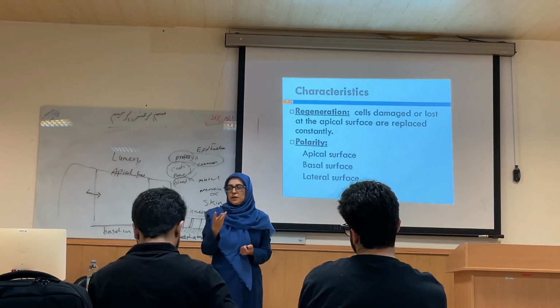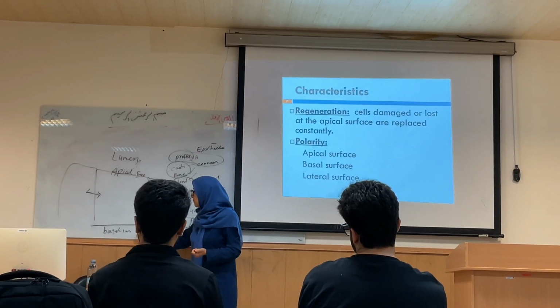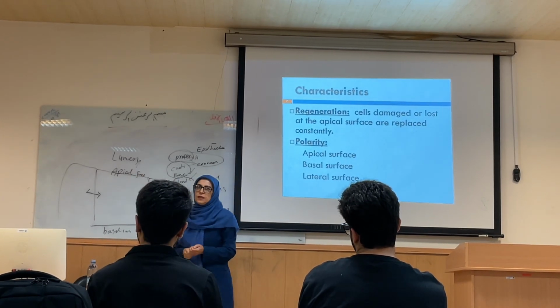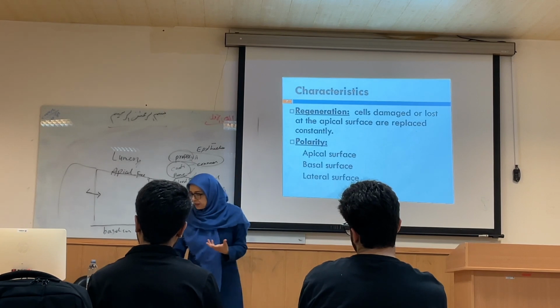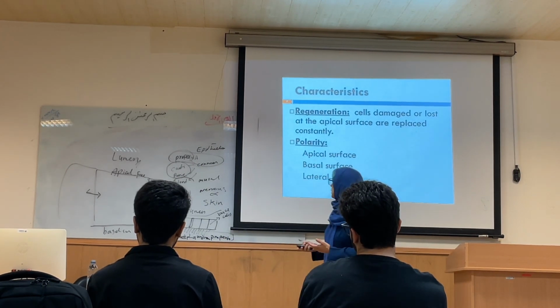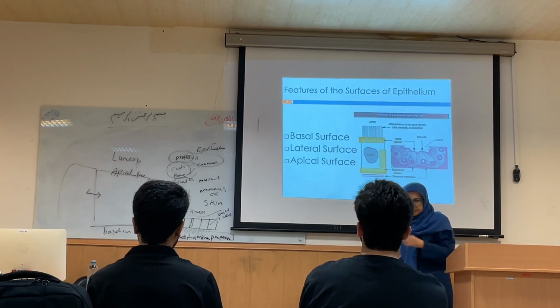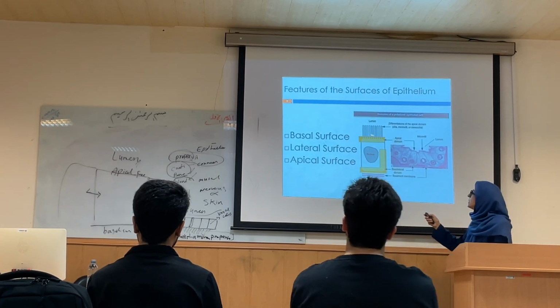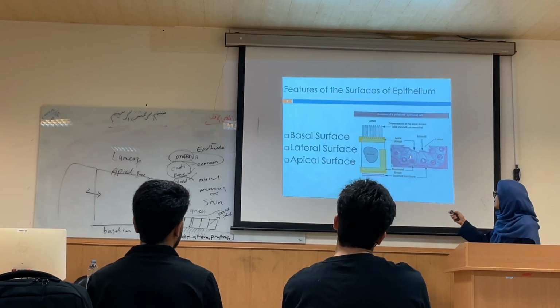For the attachment, lateral, basal, or in the lumen for receiving some things, they have some structures that we want to know about. Apical surface, basal surface, and lateral surface.